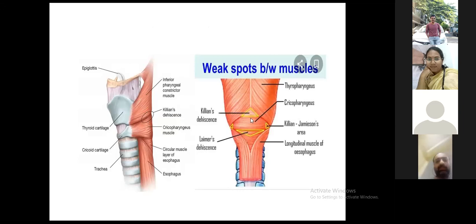In the proximal segment, there is a potential space in which a diverticulum can occur whenever there is improper muscular contraction between the cricopharyngeal and the inferior constrictor, leading to weakening in this area, called Killian's dehiscence. Just like Killian's dehiscence, certain other weak spots located around this region are Killian-Jamieson area as well as Laimer's dehiscence, which is distal to the cricopharyngeal muscle.